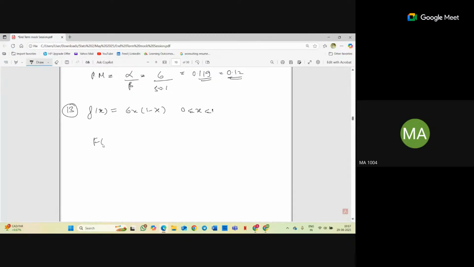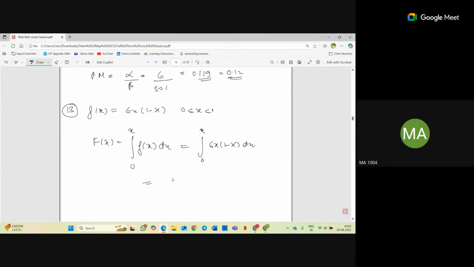So if I need to find out Fx, I would be integrating from 0 to x. If we make it 0 to 1, the total answer would be 1. So this will be 0 to x, 6x(1 minus x) dx.